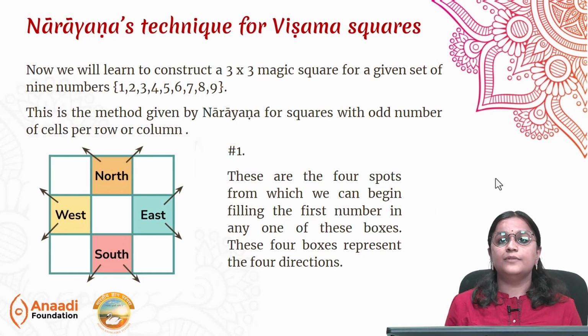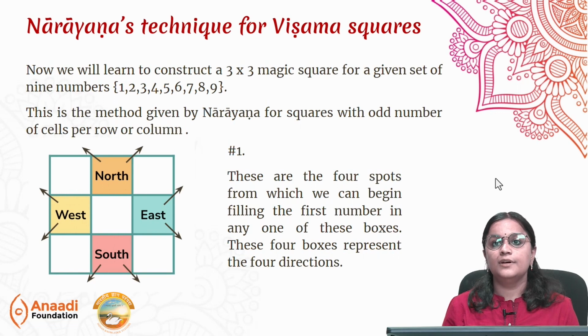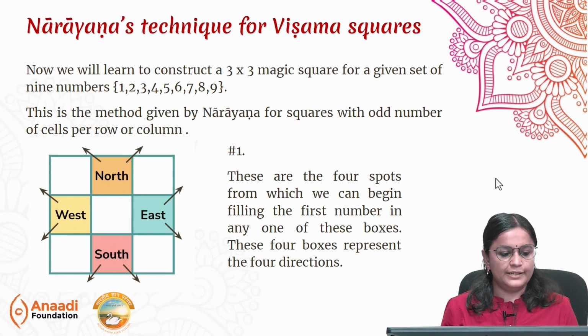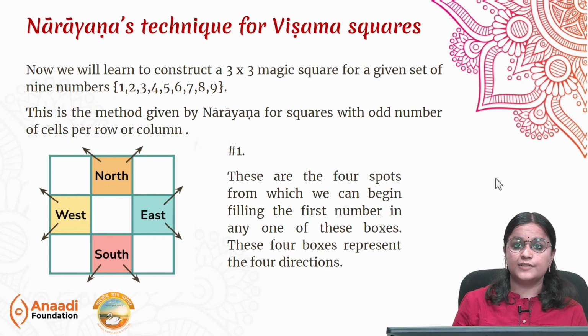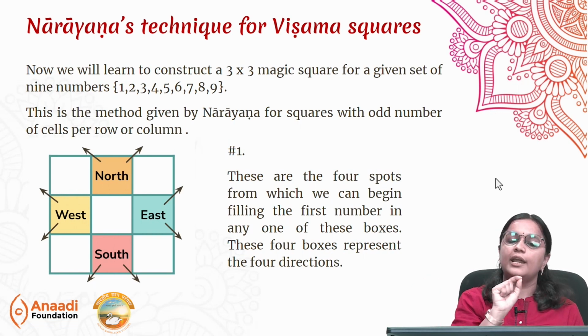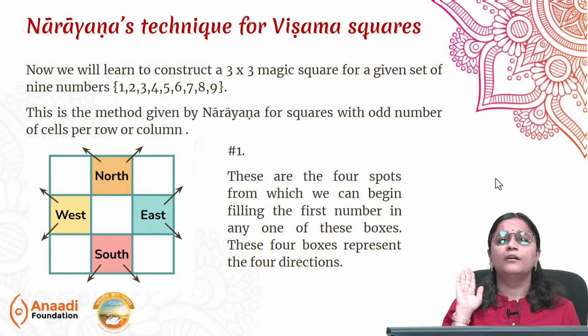So, this means we will learn using Narayana Pandita's technique how to construct magic squares which, let us say, are 3 cross 3, 5 cross 5, 7 cross 7 and so on. Now, let us say we have to construct a 3 cross 3 magic square for a given set of 9 numbers, right? So, the 9 numbers we will take are simply 1, 2, 3, 4, 5, 6, 7, 8 and 9.